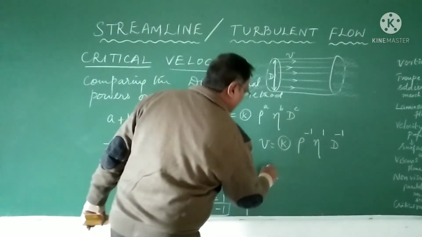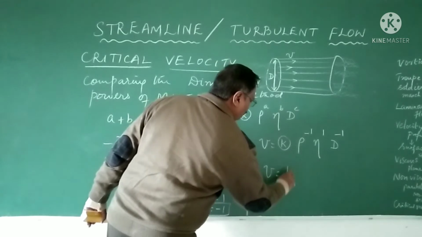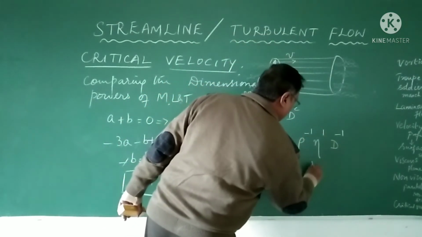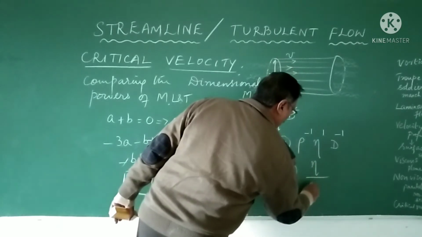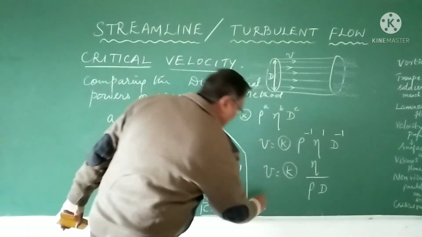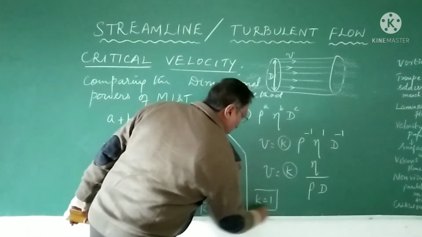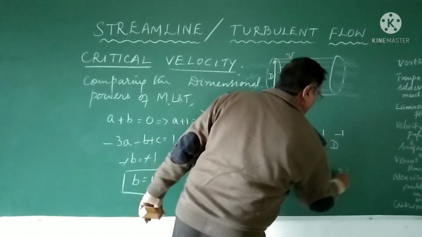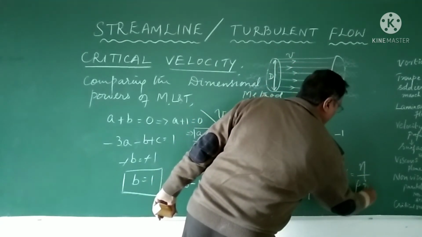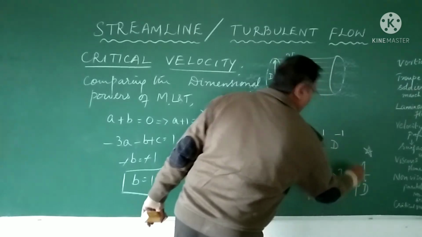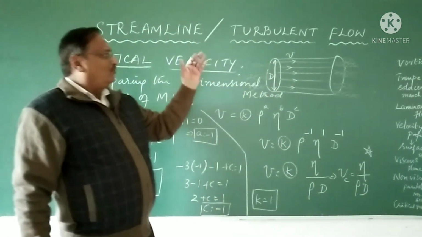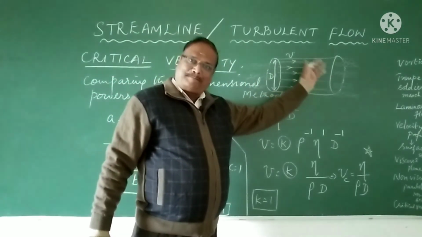So I can write V is equal to constant K into eta upon rho D. Now experimentally K is equal to 1, so V is equal to eta upon rho D. This is the formula for the critical velocity of a liquid flowing through a pipe.